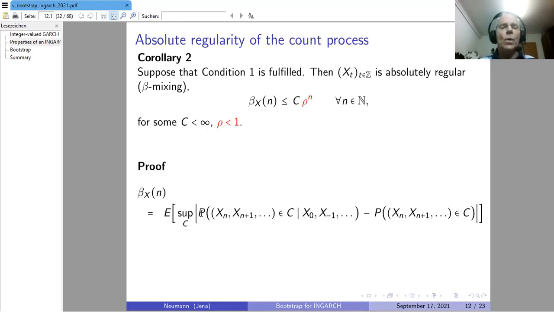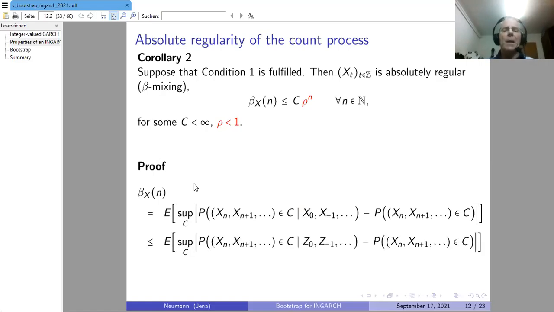Namely, we have to consider here the conditional distribution of the process starting at time n, given the process up to time 0. We have to compare this conditional distribution with the unconditional one. Here the supremum provides the total variation distance. And finally, we take this expectation. This is a formal definition of a beta mixing coefficient.